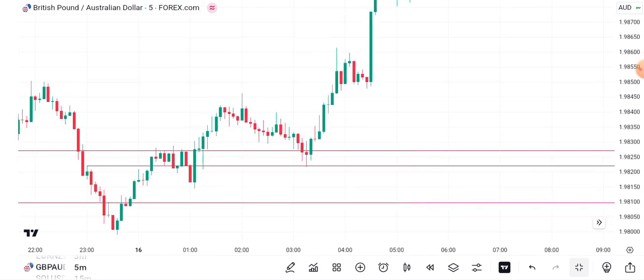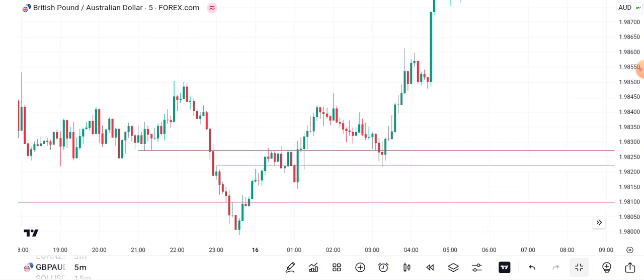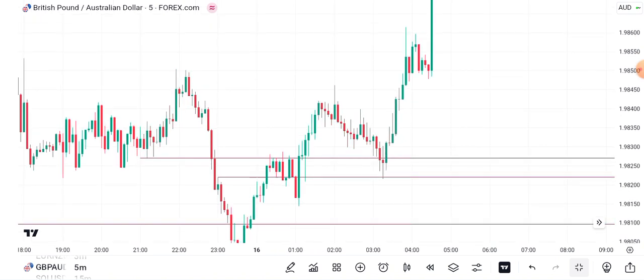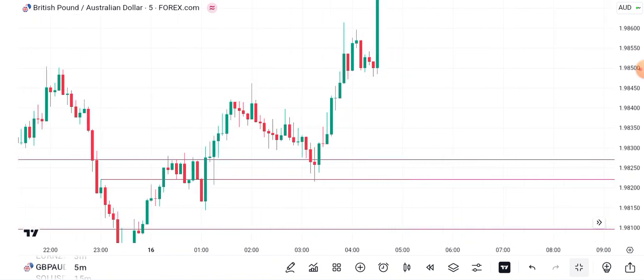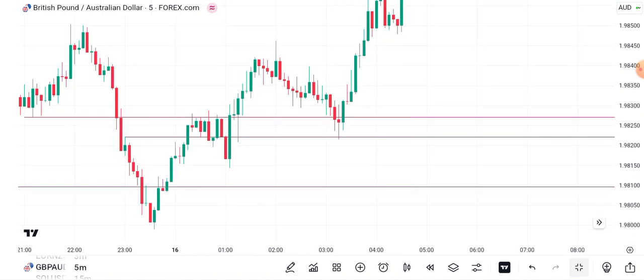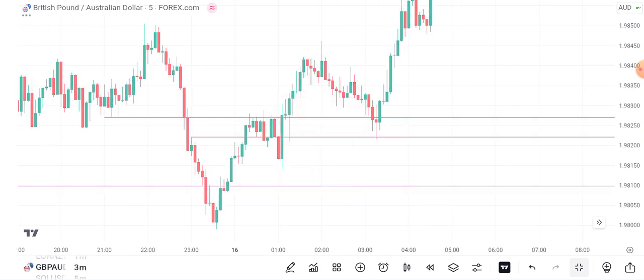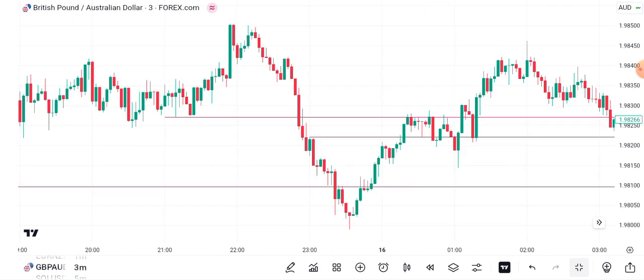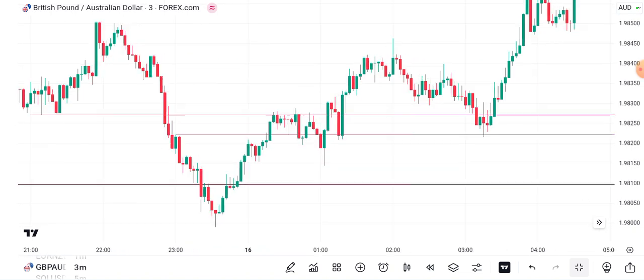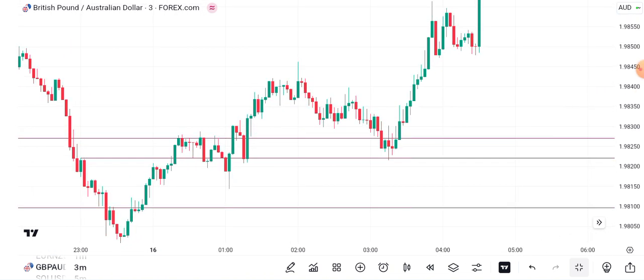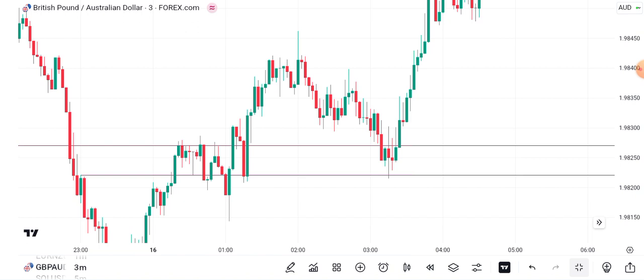You could just frame the setup, take the trade, and you are good to go. This is a 3 minute, this is a 5 minute chart. So you could just take your trade around the 15 minute inversion fair value gap and then see what price could do, driving it higher.